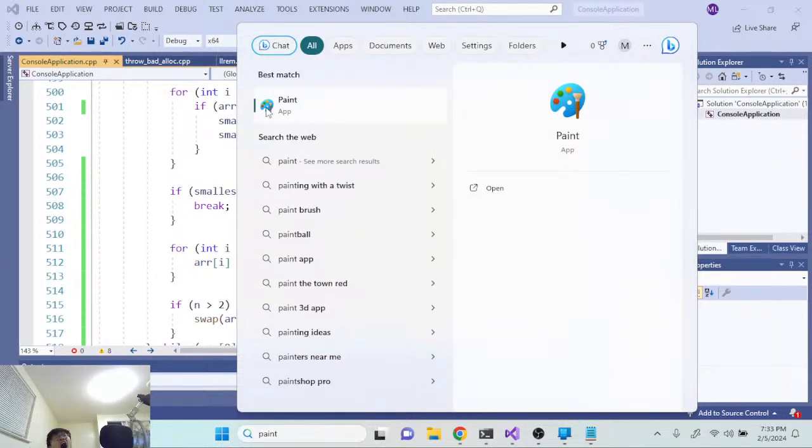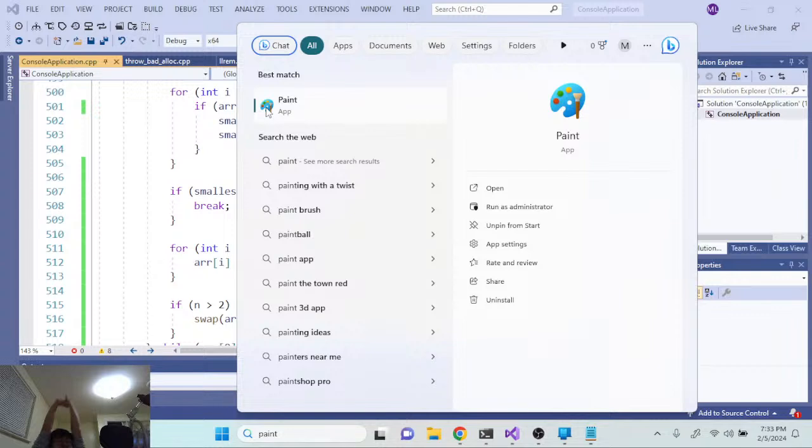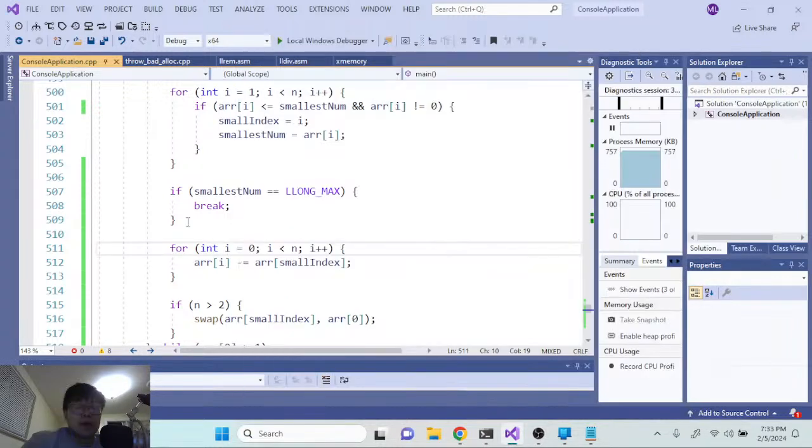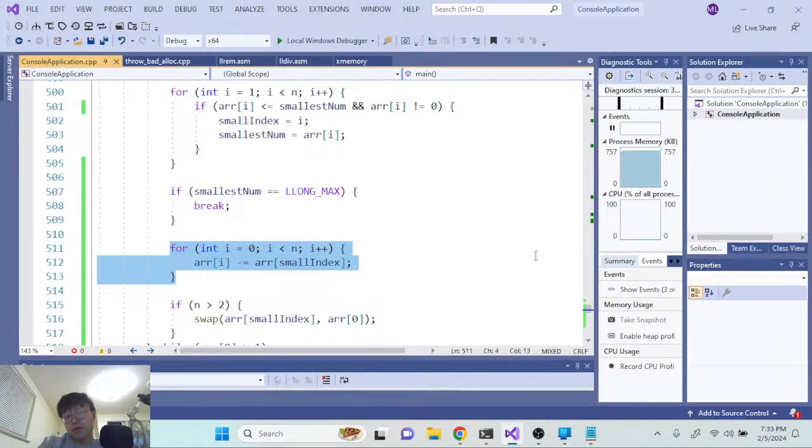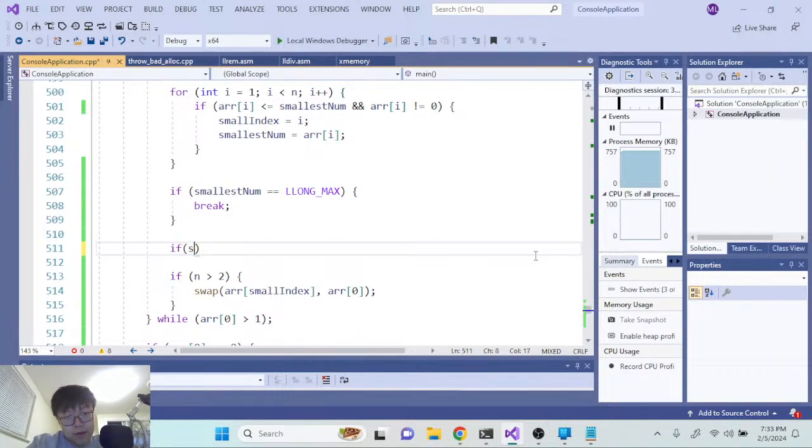So you cannot just swap. This is such a hard problem. Okay. So we can't do this. We have to go back to what we had before.